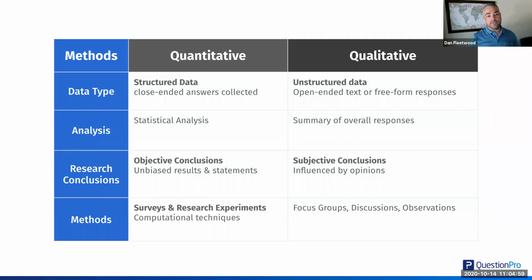Analysis, typically quantitative is going to be statistical analysis on the different questions and so forth. We'll get into sampling a little bit in terms of probability and non-probability sampling, so we'll touch on that as well. But for the most part, you're going to be doing different stats analysis with quantitative. And then qualitative is largely a summary of overall responses.